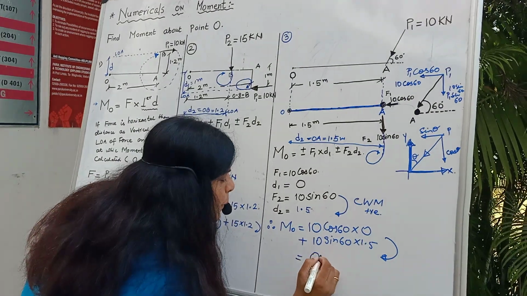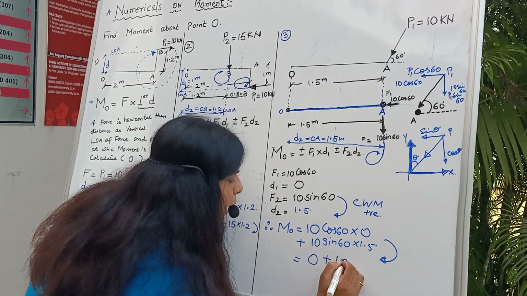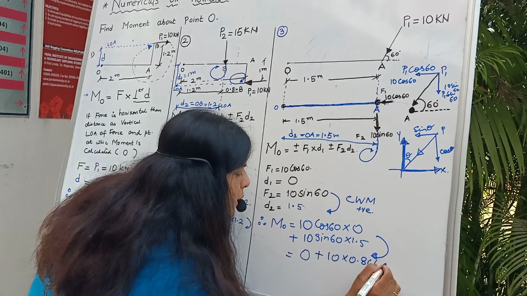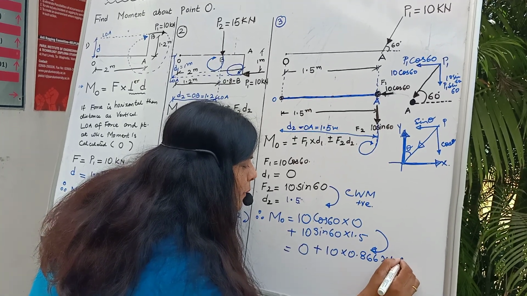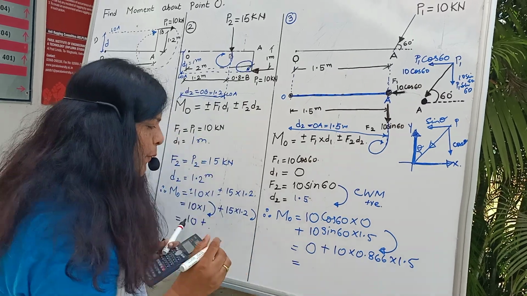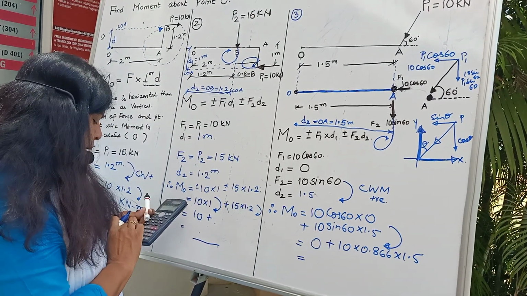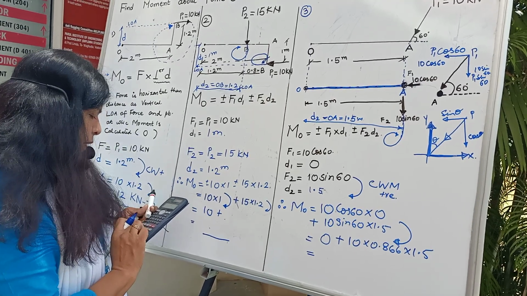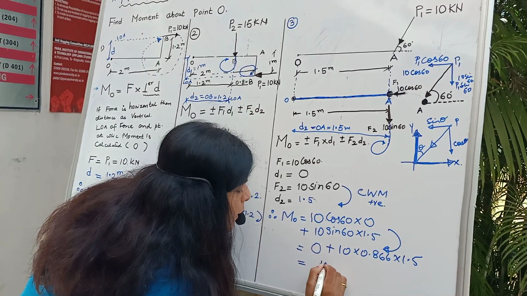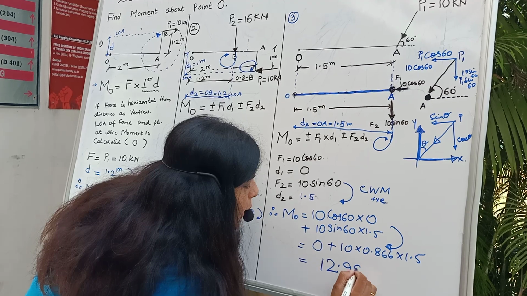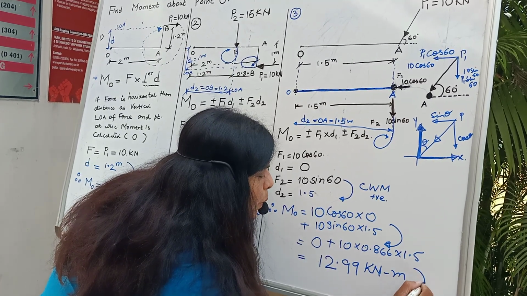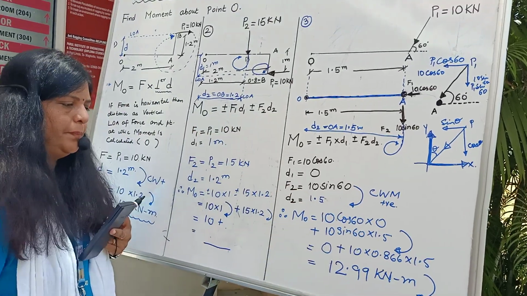So 0 plus 10 into 0.866 into 1.5. So you multiply by 10, multiply by 1.5, it gives you 12.99 kilonewton meter positive moment.